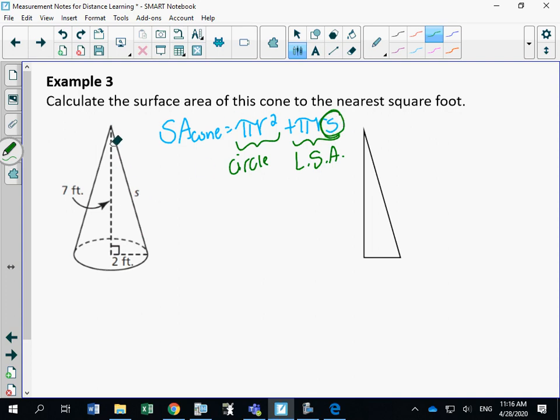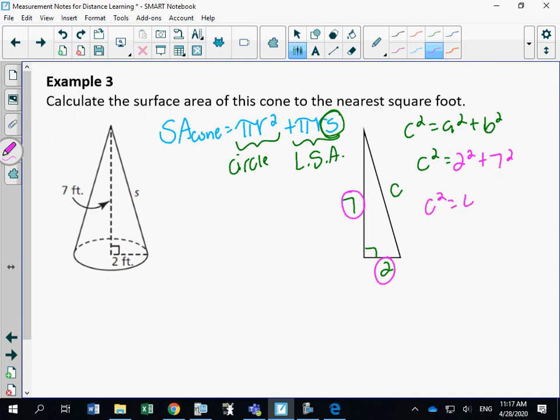I hope that you see that this becomes a right angle triangle. A right angle triangle has a 90-degree angle. This is 2. The height is 7. This would be C in Pythagoras' theorem. So C squared equals A squared plus B squared. C squared is equal to 2 squared plus 7 squared.